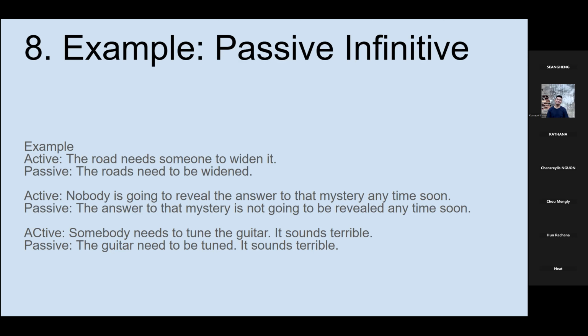We can transform to passive: the answer to that mystery is not going to be revealed anytime soon. So that going is the verb or expression that includes to, so that after it we apply to be.